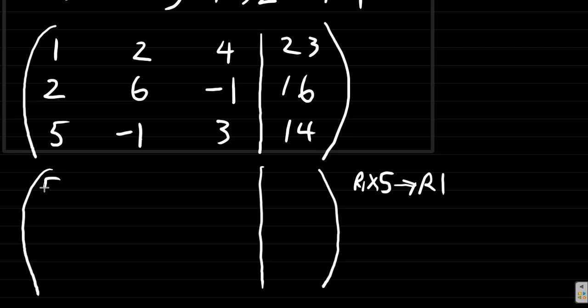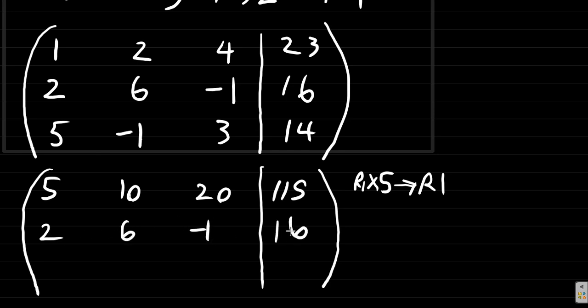So we have 5 1 5, 2 5s 10, 4 5 20, 23 by 5, it was 115. And we write back our row 2 and row 3. 2, 6, negative 1, 16. 5, negative 1, 3, 14.